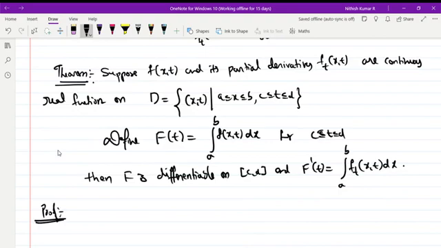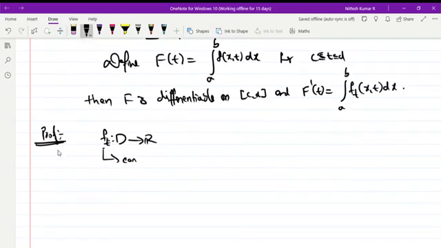Since, given that my partial derivative f t is a real function, it's continuous on the closed rectangle D. On the closed rectangle D, we can say my f t from D to R is continuous. Since it is continuous and this D is compact, being a closed rectangle, we can say this f t is uniformly continuous.